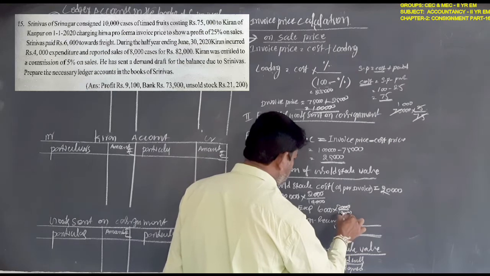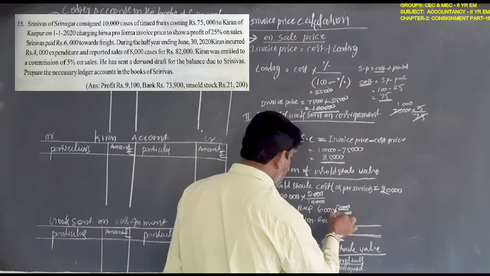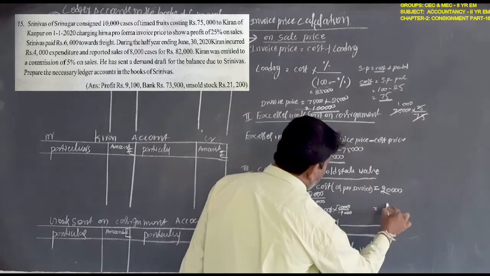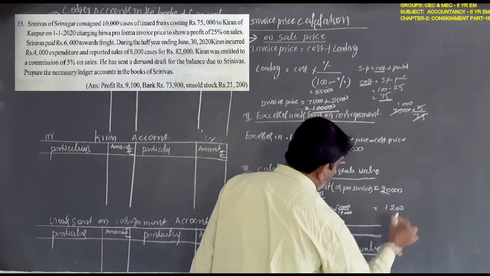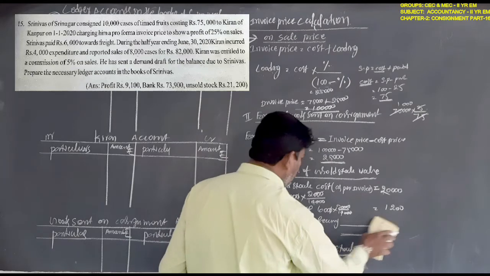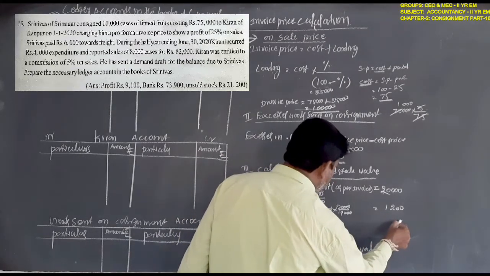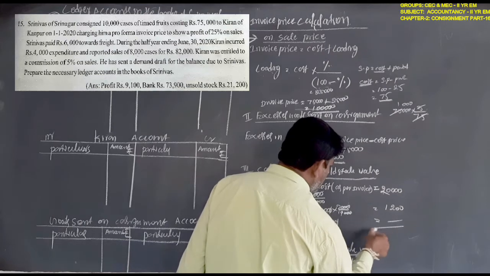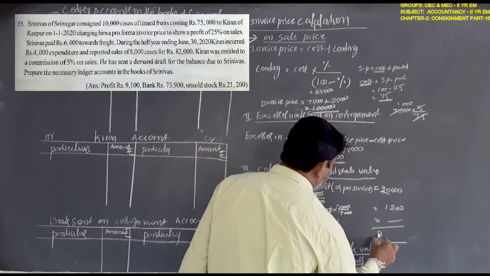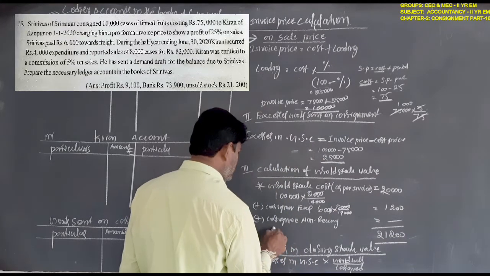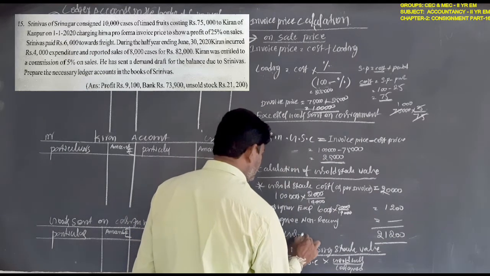Cancelling the zeros, we get 600 into 2, which is 1,200. With the consignee's non-recurring expenses, the total amount is 21,200 rupees. This is the unsold stock value.